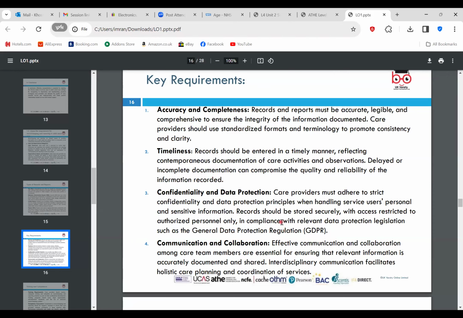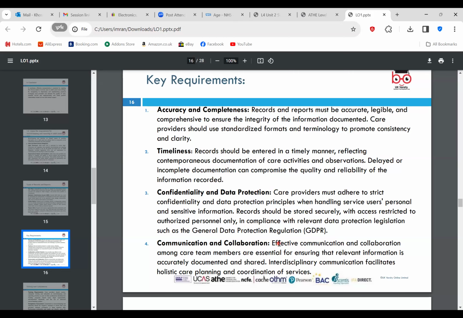So you have the GDPR regulations. Please go through these. They've been uploaded onto your Moodle webpage also. Just have a look at them, because this is what you will be dealing with a lot when you're in adult social care.